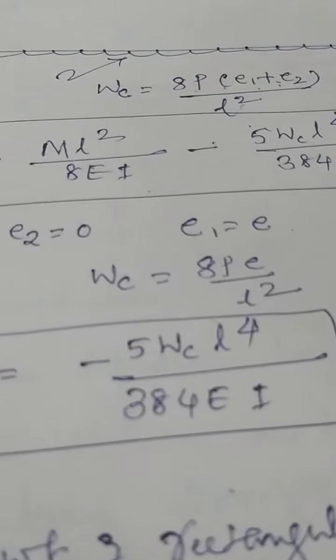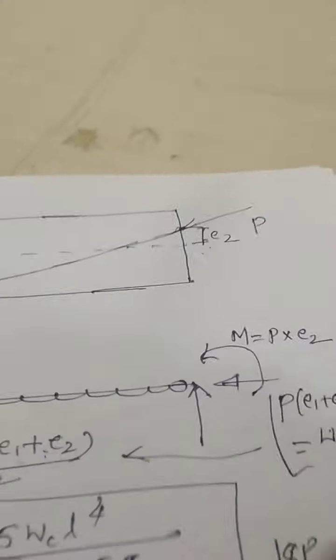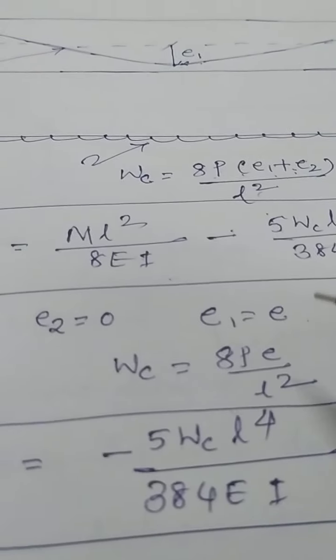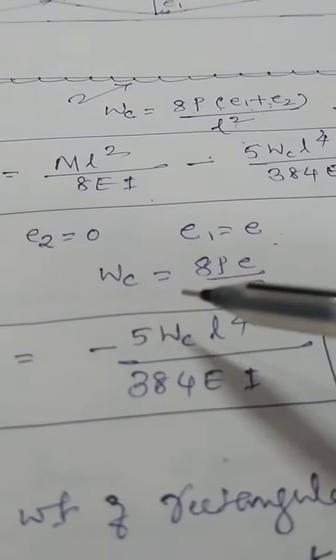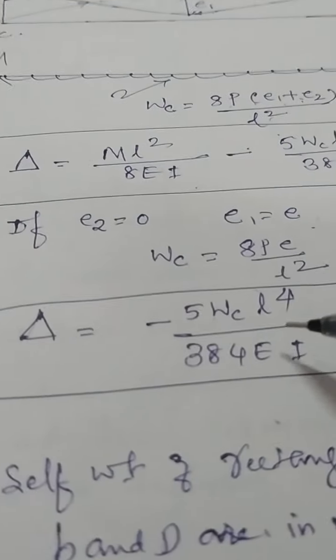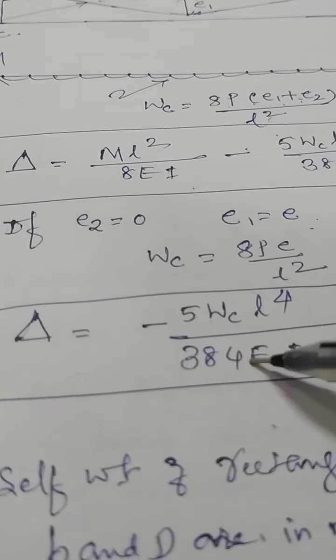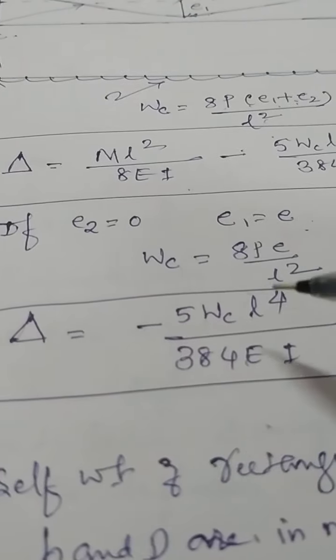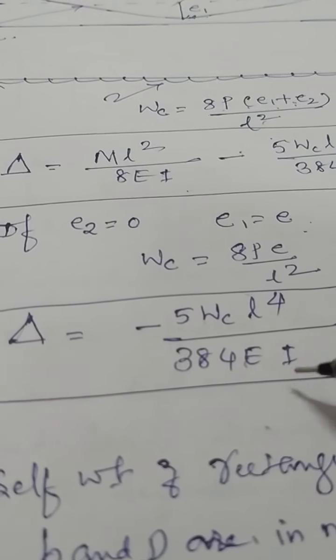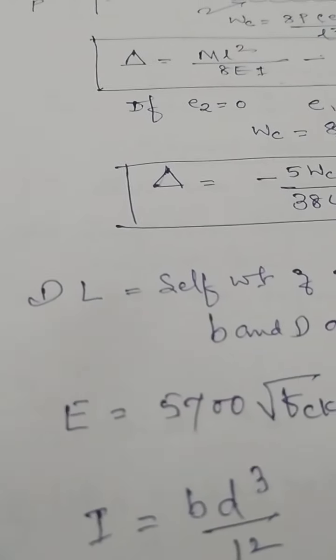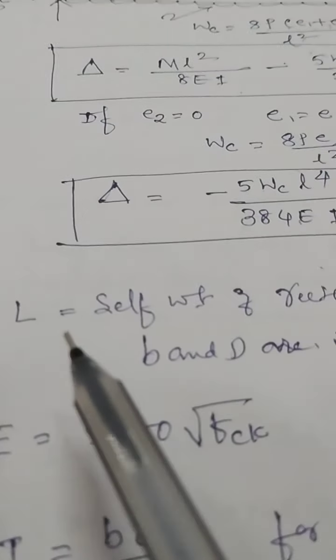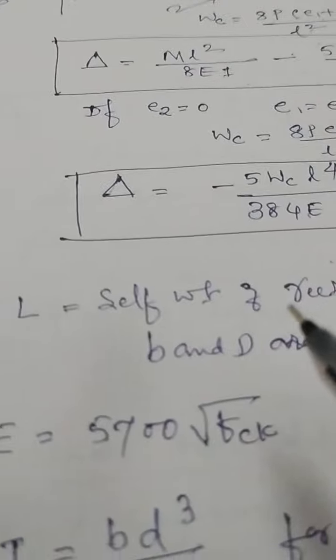As in the previous case, suppose if you make the end e2 is 0, M will vanish, only e1 exists, can be taken as e. WC is simply 8Pe by L square. M is not there, therefore only one deflection, that is due to upward UDL, 5WL raised to 4 divided by 384EI.